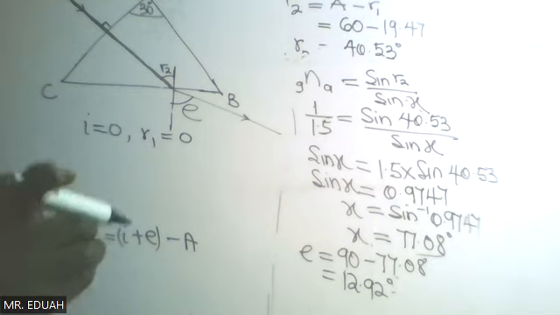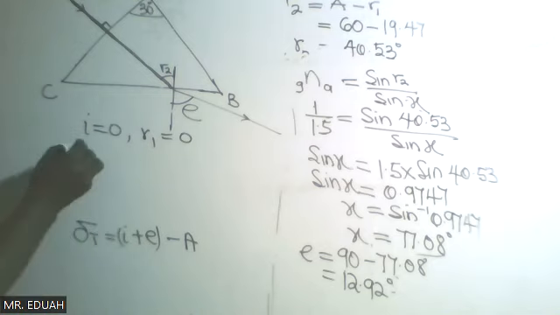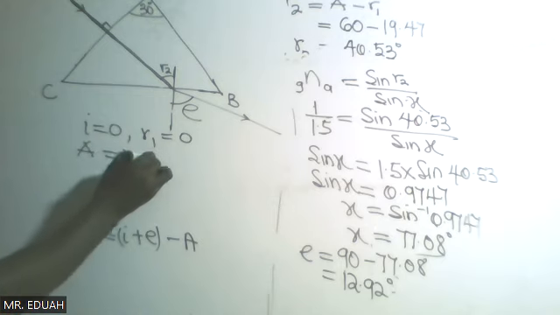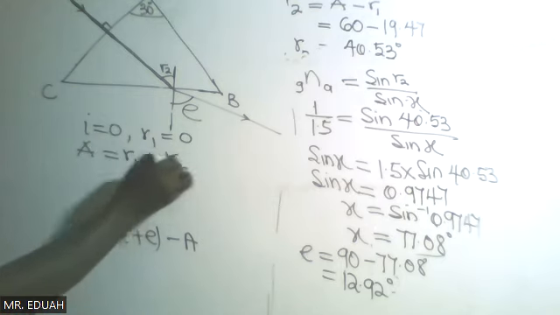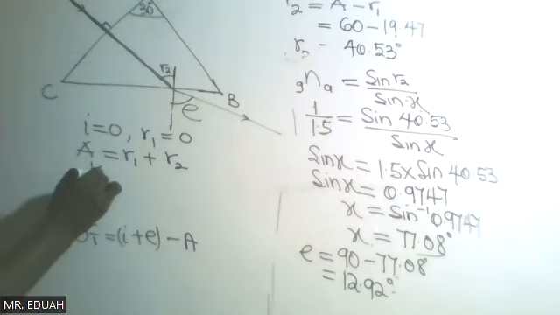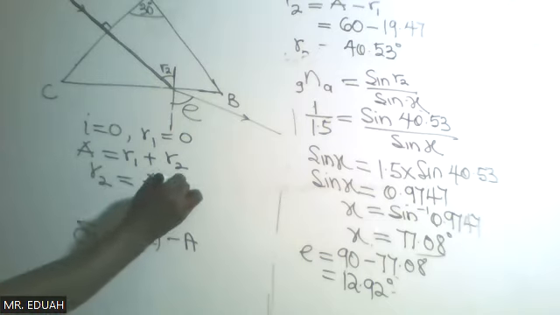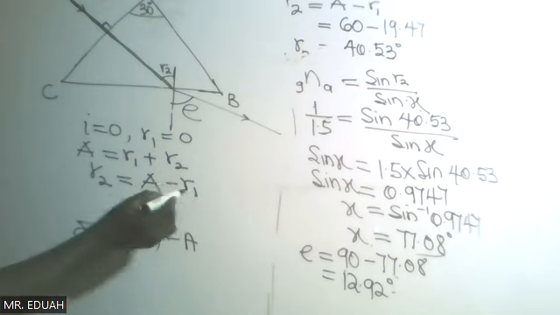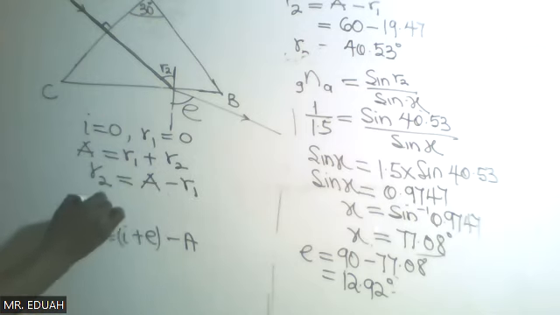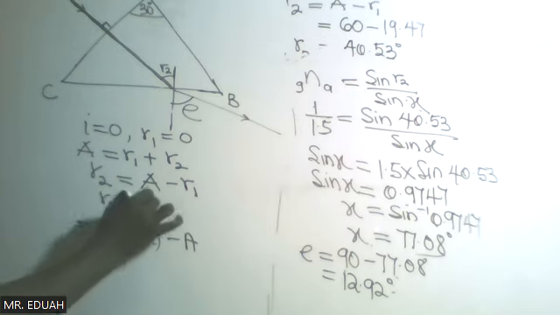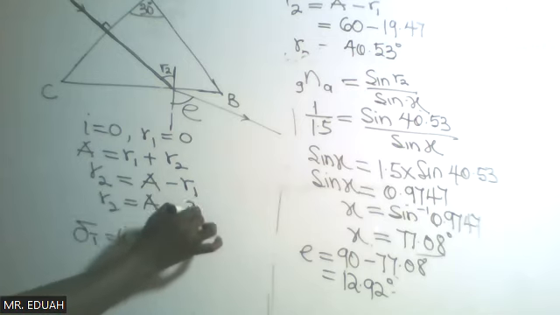If R1 is equal to 0, then using A equals R1 plus R2, R2 will be equal to A minus R1. Meanwhile, R1 is 0, so simply R2 is equal to A, which is equal to 30 degrees.